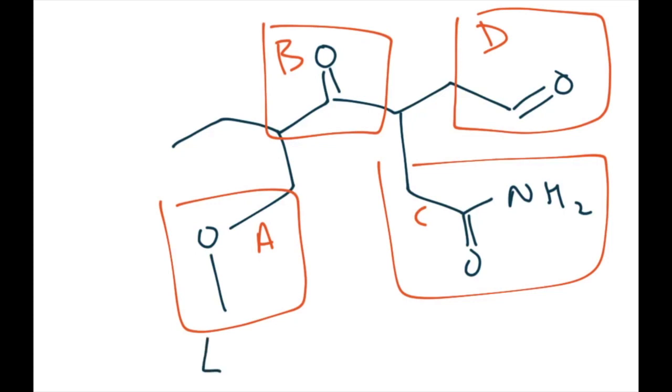It is an ether. What is the functional group in box B? It is, in fact, a ketone. C? Amide.